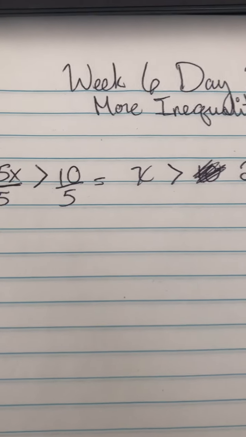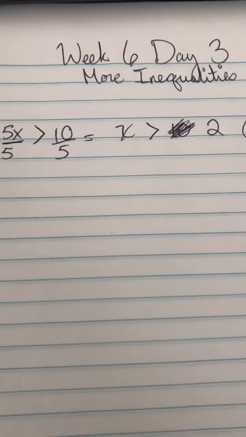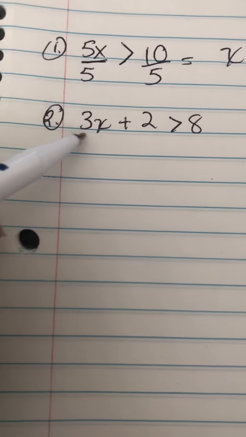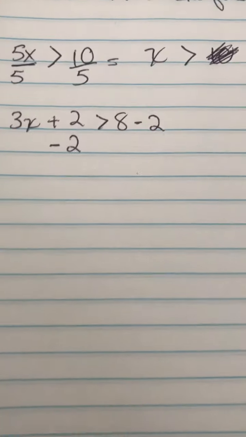All right, number 2. It says solve for x. 3x plus 2 is greater than 8. So we know we have to get 3x by itself. That means we're going to do the inverse operation, minus 2. So we're going to subtract 2 from both sides.